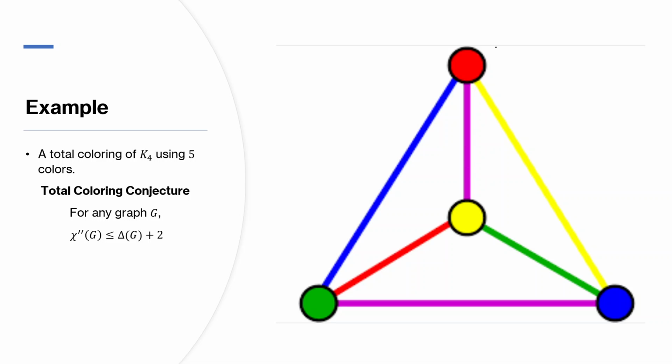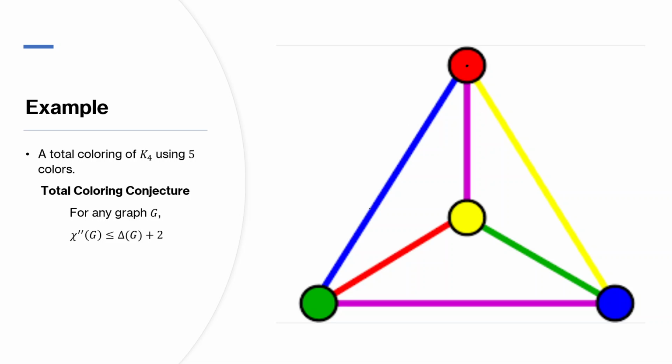Here I have a coloring of the vertices and edges of K4. I've used red, so that's 1, blue, 2, 3, 4, 5. Wait, did I count that right? Yeah: red, blue, green, yellow, magenta.